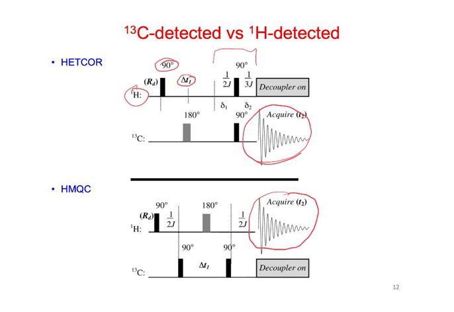So other things we might look at here: because we're acquiring on the top one, C13, this would be F2, and this would have more points. Better resolution on the C13 channel.